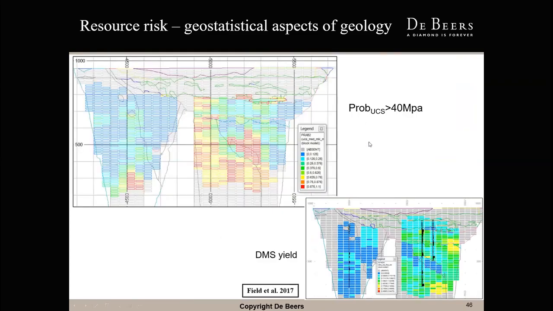You can also generate from this, of course, probabilistic models. Here is an example of the probability of your UCS, your rock strength, exceeding 40 MPa per individual block. Down at the bottom there is DMS yield, another block estimate of a metallurgical parameter.